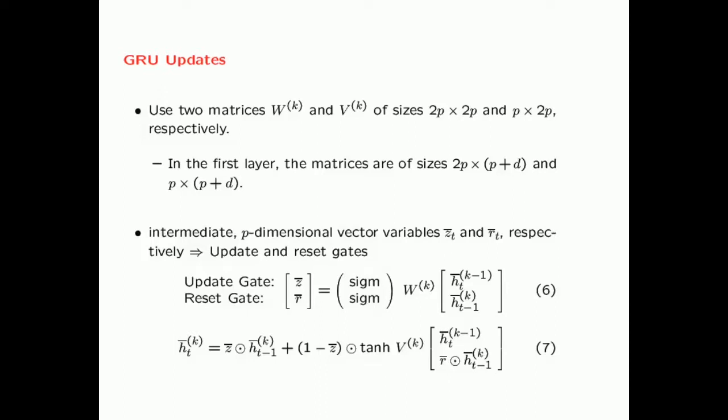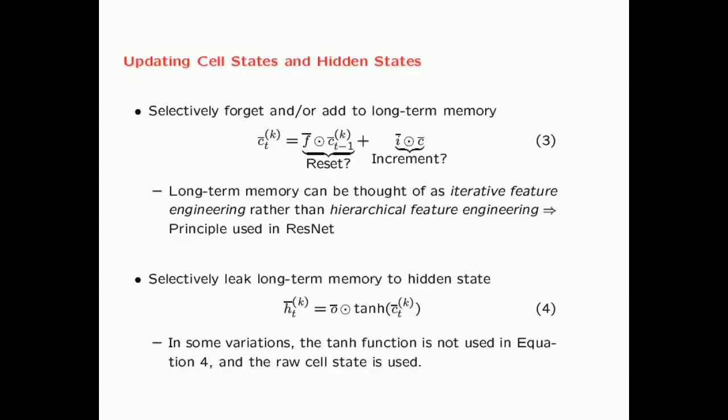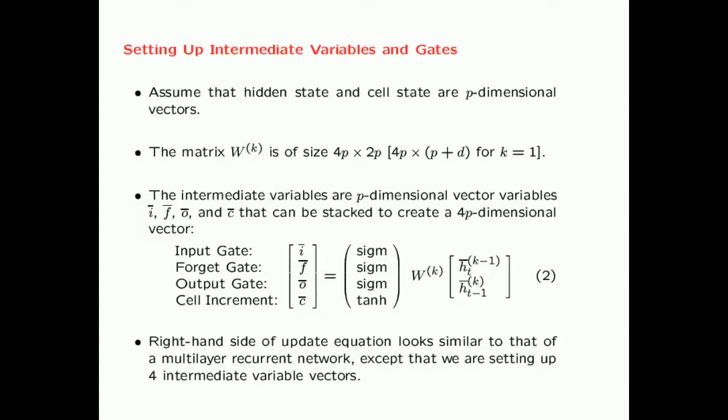So now you can see that we are setting up equation 6 in a very similar manner to the way we set up the LSTM. If you look at equation 6, with WK, HTK minus 1, HT minus 1K, it is very similar to equation 2. In equation 2, again you have WK, except that WK there is a 4P cross 2P matrix.